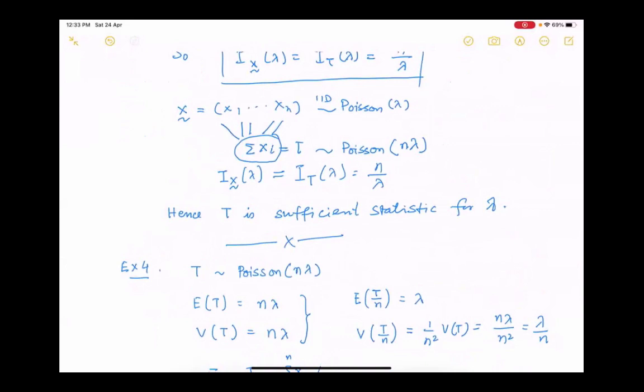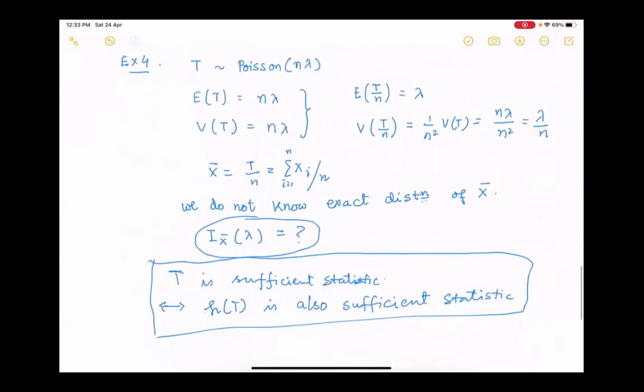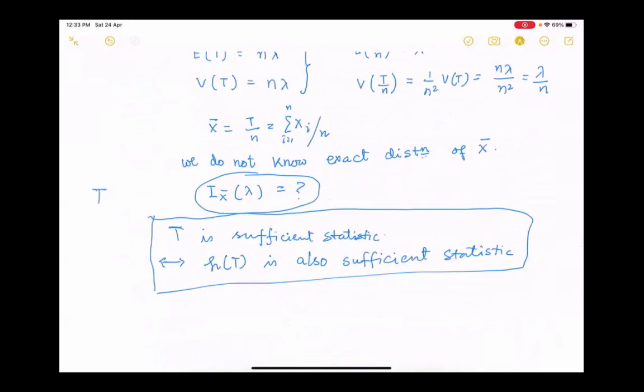All I have to show is that I only showed T is sufficient, and X bar is a function of T. If I can develop some generic result, a theorem, that T being a sufficient statistic implies some function of T is also sufficient, then I'm done. Then I'll say X bar is also sufficient. That is my end goal.